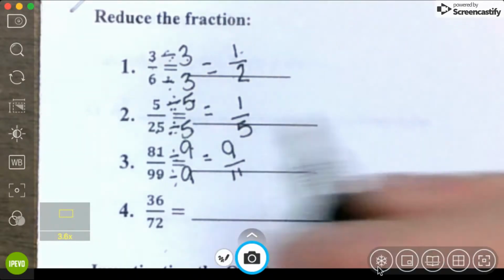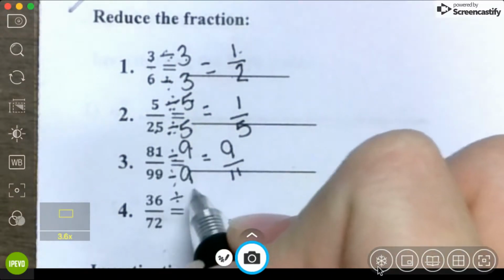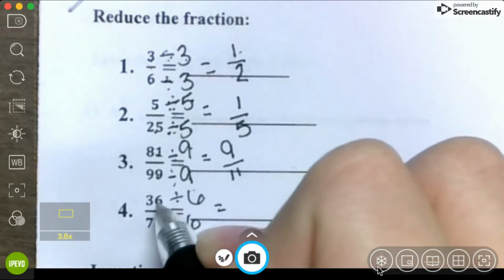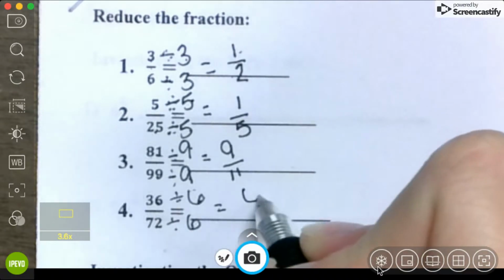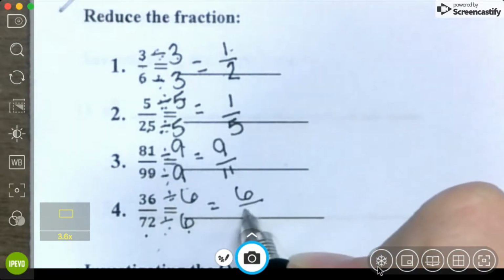The last one is where it gets a little tricky. I think that 6 goes into both of those, and we'll see where we end up when we divide both by 6. 36 divided by 6, that one's easy, it's 6. 72 divided by 6 is 12.